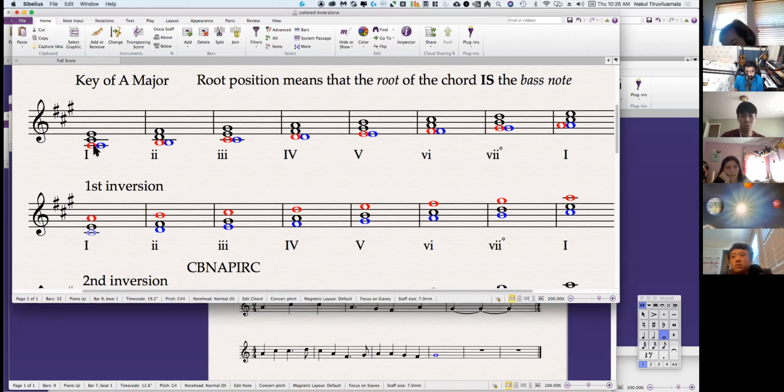Would this occupy the first note or the second note or the third note? Second note, right? Which means it's going to be first inversion. That means you flipped the root position chord once to get to this chord. That's one way of thinking about it.